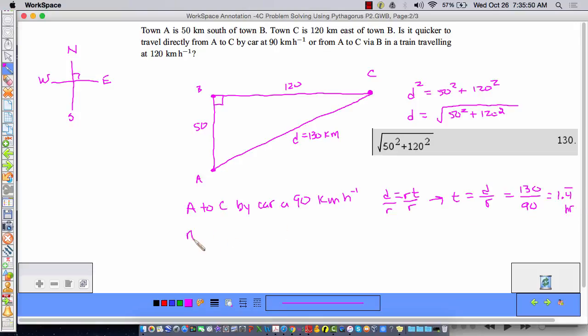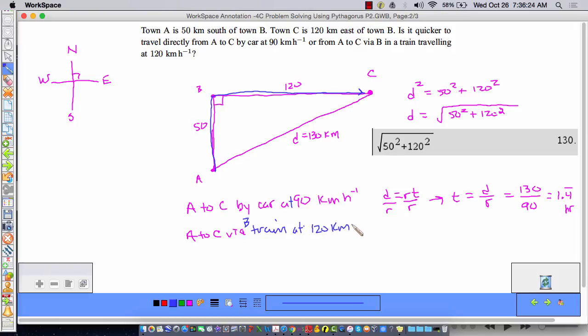Or from A to C via B, meaning we would start at A, go to B, and then go to C via train, at 120 kilometers per hour.